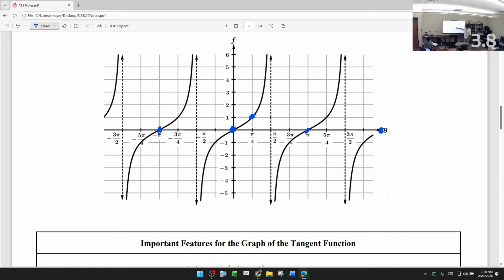And then at pi over 2 is where we have an asymptote, because that's sine over cosine, and at pi over 2, cosine is 0. If cosine's 0, that's bad. And so tangent has asymptotes when cosine is 0.